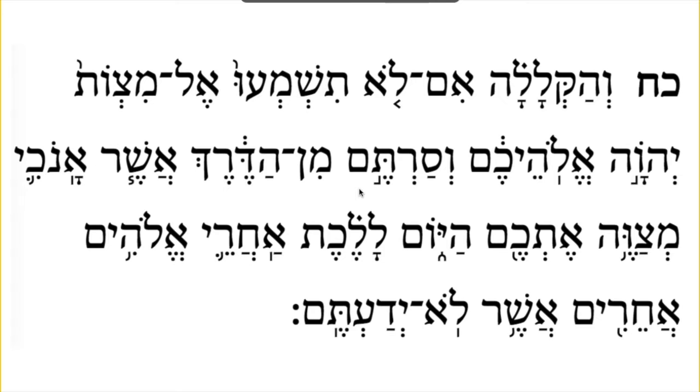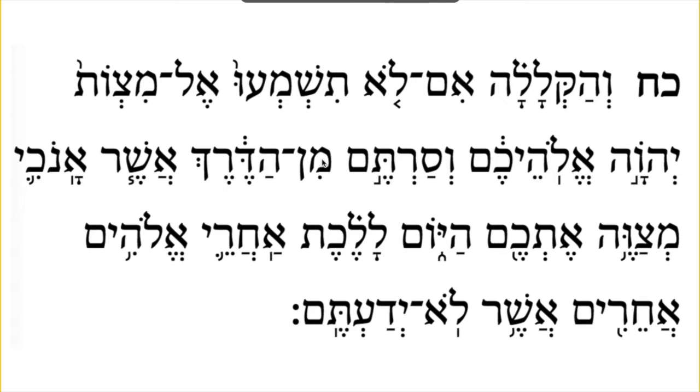Vesartem. Good, great. And this means and you turn aside, sartem. Okay. So if you don't listen to the commandments of the Lord your God, and you turn aside the sartem, and this is a munach that says munach, so this is vesartem. Okay, vesartem.